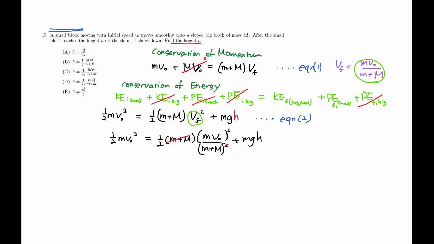So we're still looking for the height. What else can we reduce? Now notice that we have big M, small m, and small m. I'm going to distribute the m squared and V squared so that I can cancel out better.